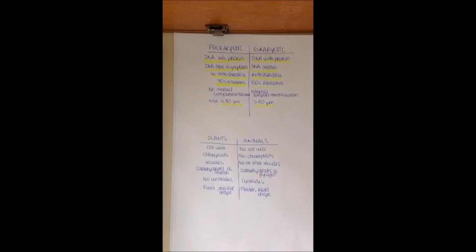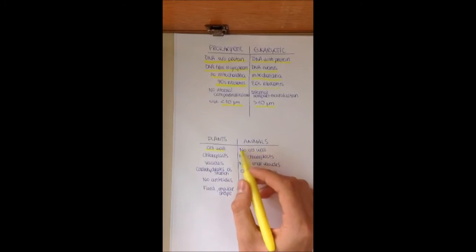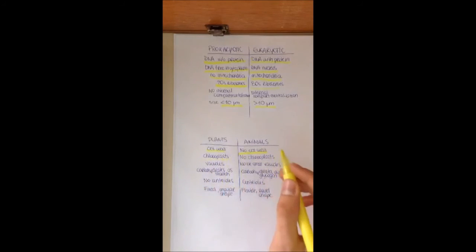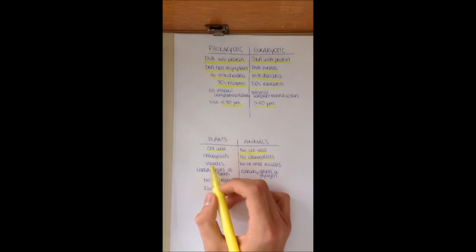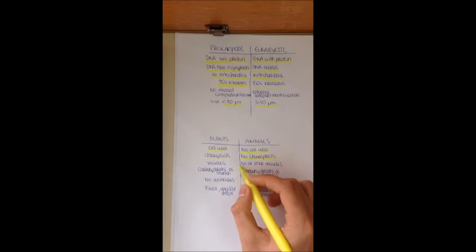The next assessment statement is comparing plant and animal cells. Plant cells have a cell wall, while animal cells do not. Plant cells have chloroplasts, while animal cells have no chloroplasts. Plant cells also have large vacuoles, usually centrally located, while animal cells have no or small vacuoles.